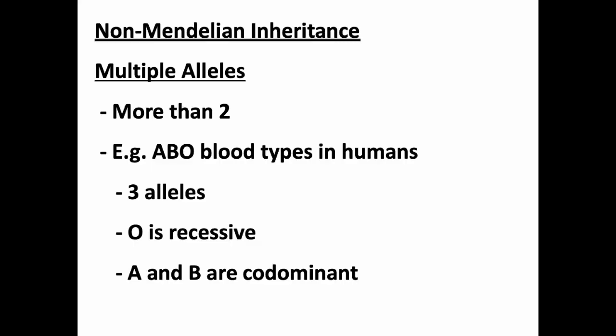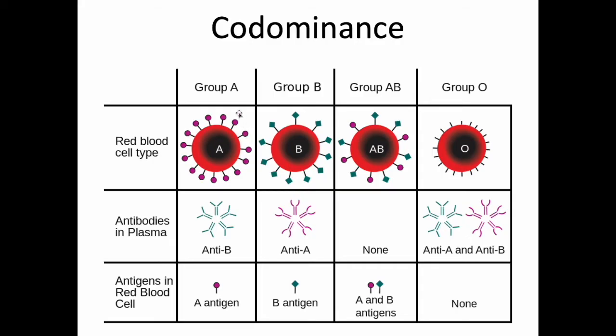Well, to understand this, we have to look at what these blood types actually mean. So the blood types refer to a specific protein present on the surface of our red blood cells. If you have an A allele, your red blood cells will have the A version of this protein on their surface.